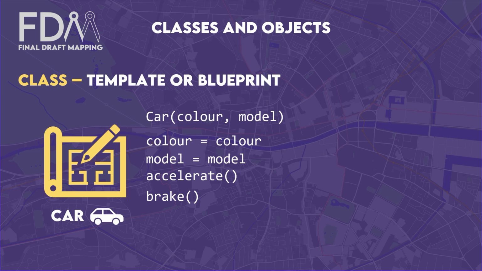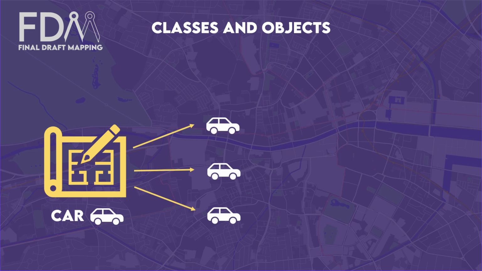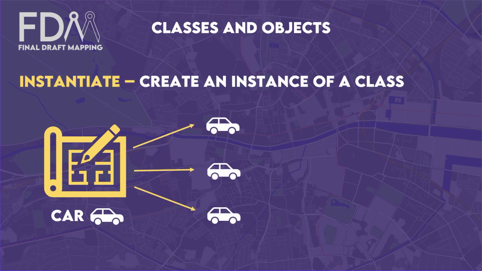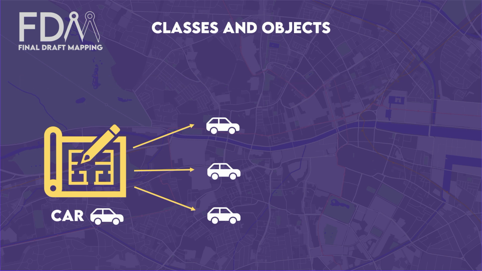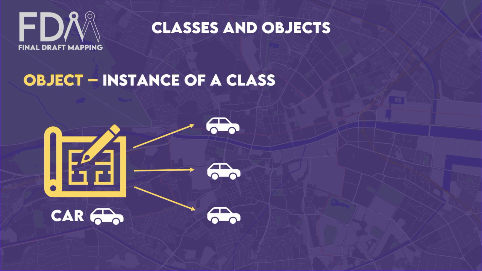We can then use our class constructor to instantiate a car object. Here we are making 3 different cars from our car class. Once we have instantiated, we now have an object of that class. It is an instance of our car class. Now let's think back to the properties. Our constructor, we had car that took in a colour and a model.